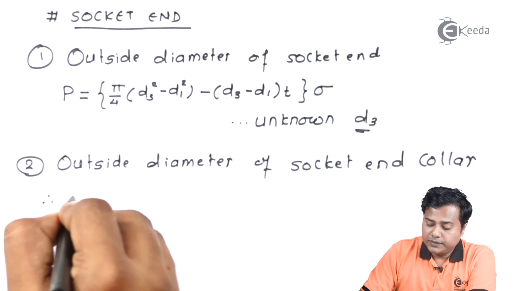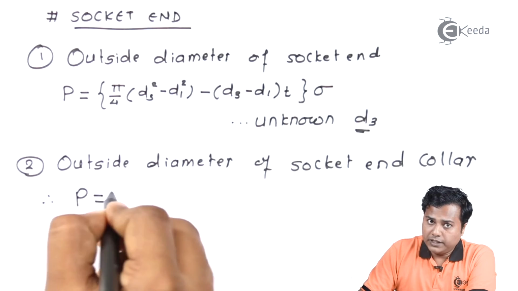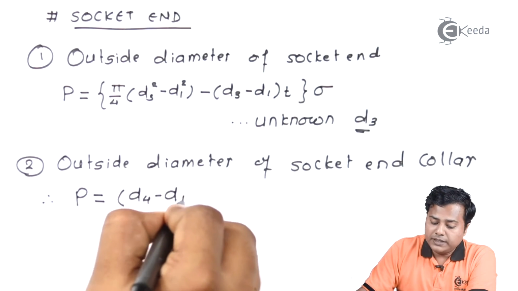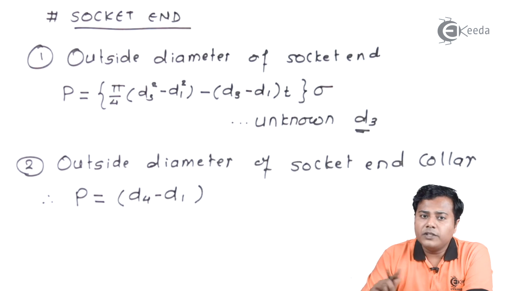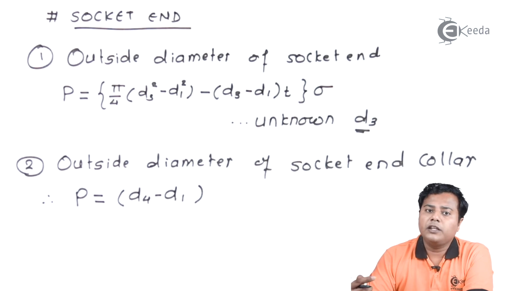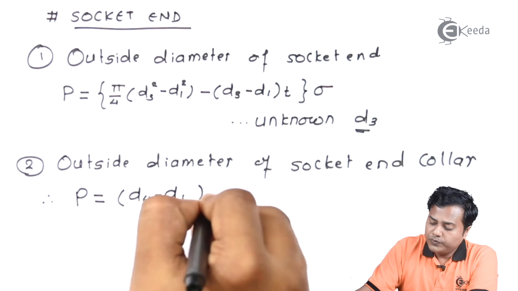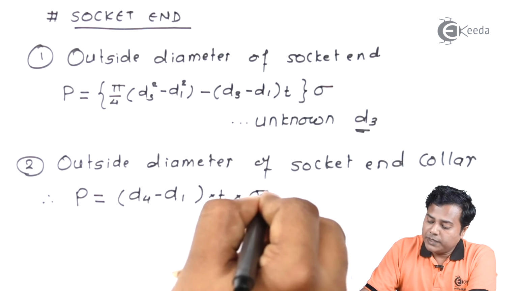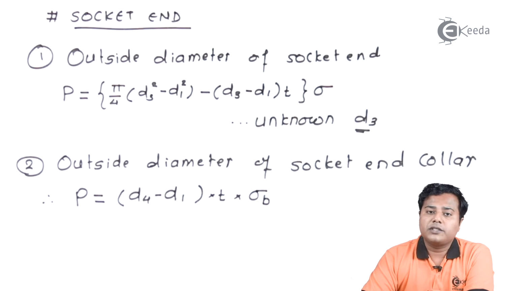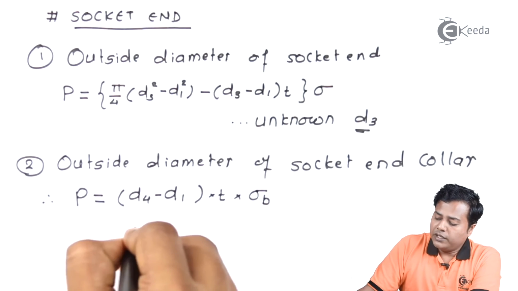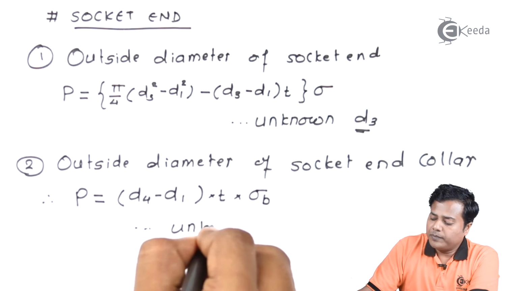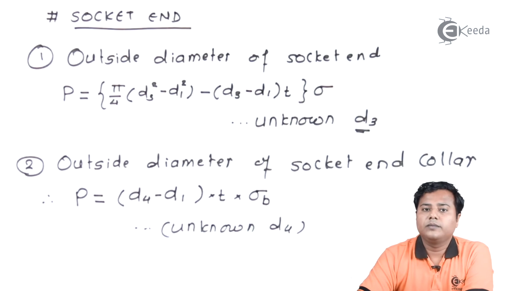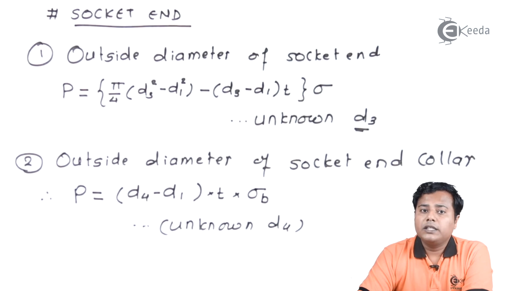So P, which is the actual load, is equal to d4 minus d1. This is the difference between the outermost diameter and the innermost diameter into thickness, because that is the projected area, and into sigma b, which is the rupture stress or crushing stress. So here our unknown is going to be d4. So this was the second formula for socket end.